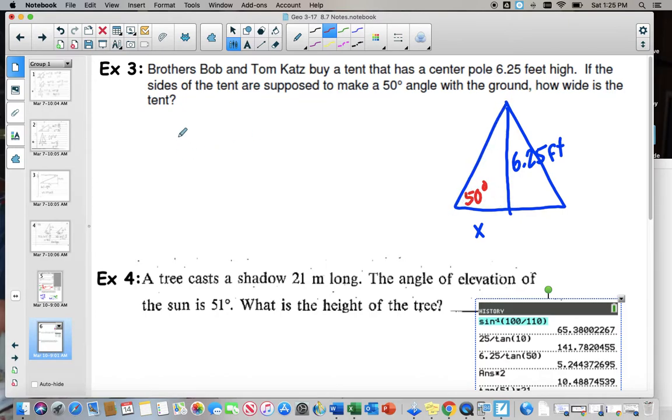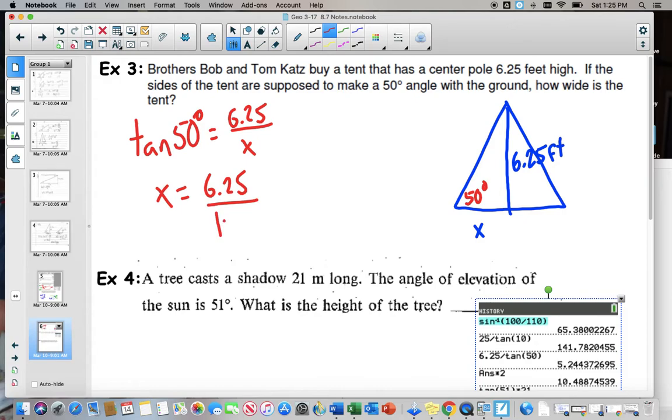Okay, so again in this case we'll use the tangent of 50 degrees equals 6.25 over x. X is going to equal 6.25 divided by the tangent of 50 degrees. And then x is going to equal 5.24.